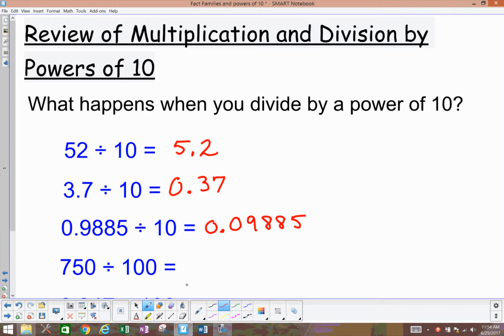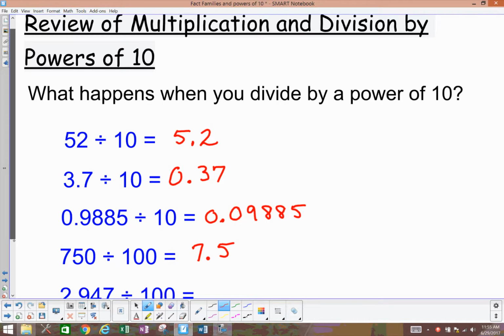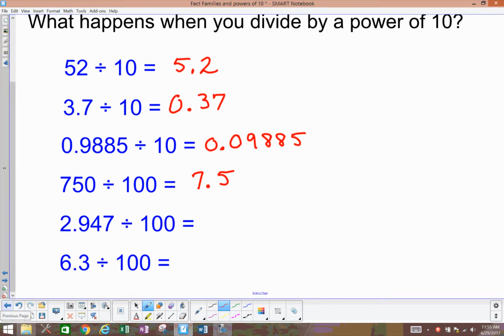So 750 divided by 100. Well, 100 is 10 to the power 2, but we're dividing by 10 to the power 2. So we're moving 2 place values in the reciprocal direction. That means that our 7 goes to the ones place, and our 5 is going to go to the tenths place. 2.947 divided by 100.